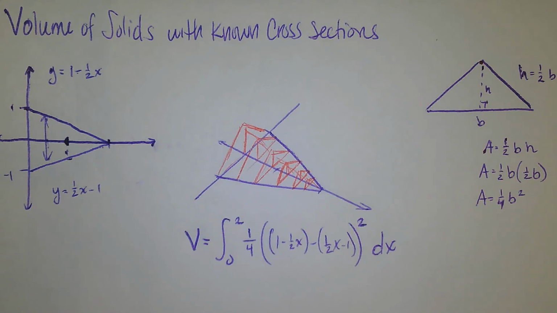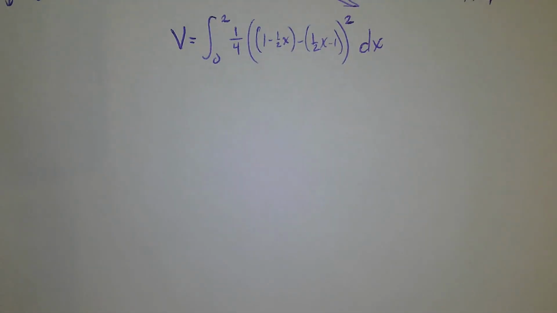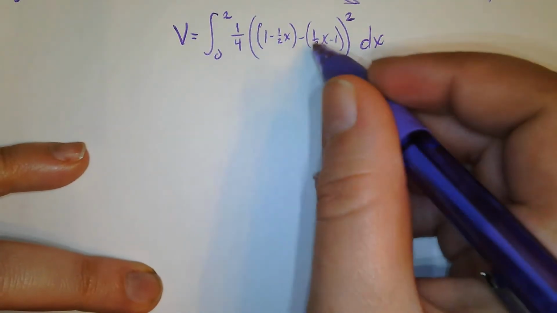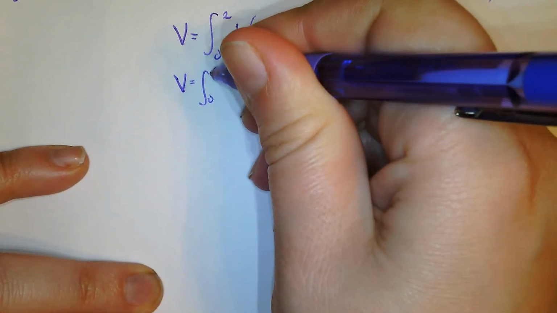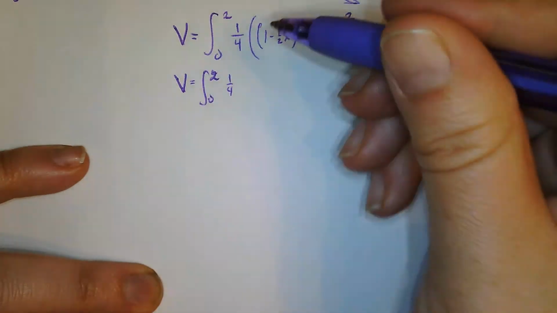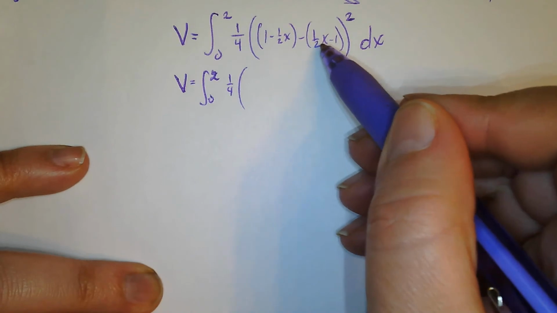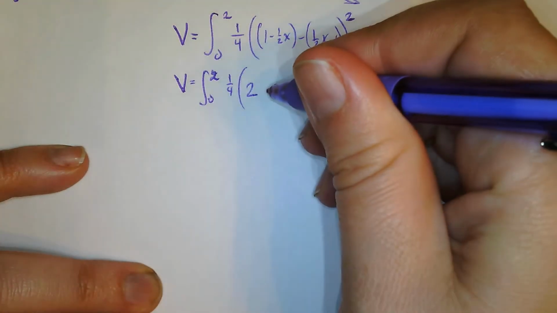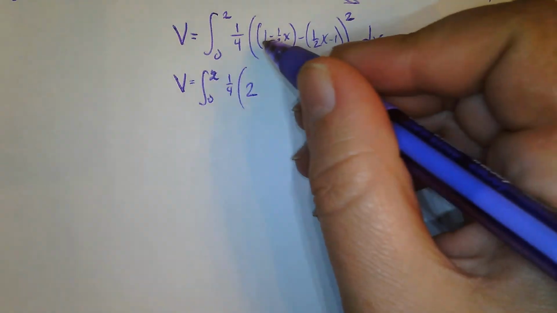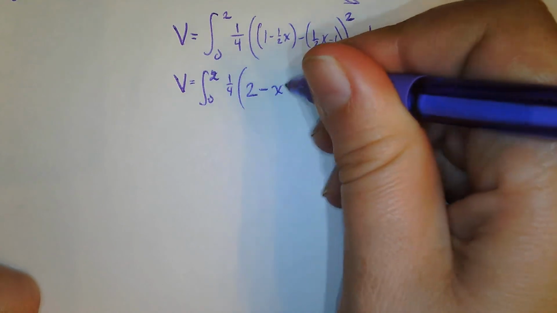Now let's do the math and actually figure it out. First I'm going to distribute the negative sign and subtract all that. I could have pulled the 1/4 out front, I'll do it later. 1 minus negative 1 is 2, and then negative 1/2 x minus negative 1/2 x is just negative 1x.